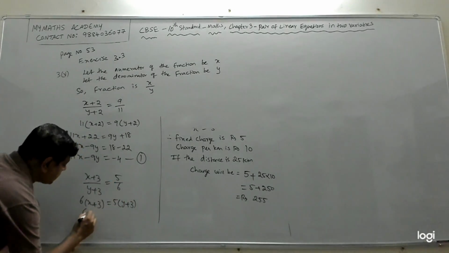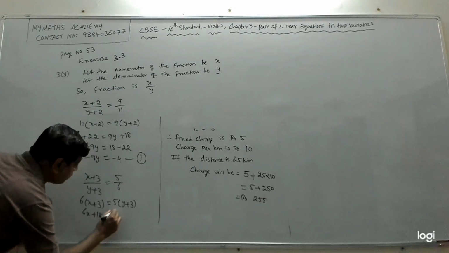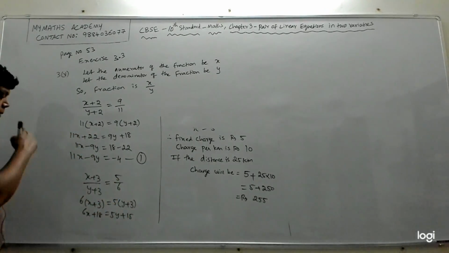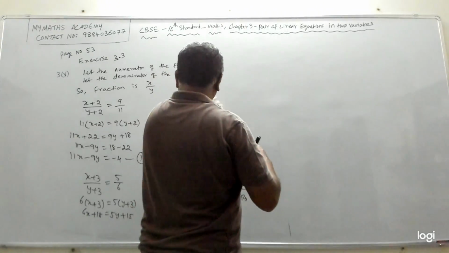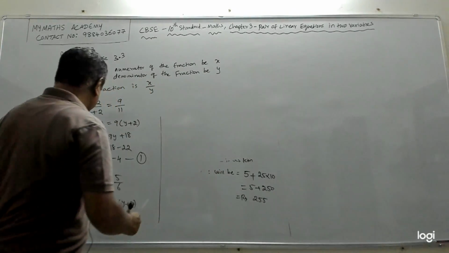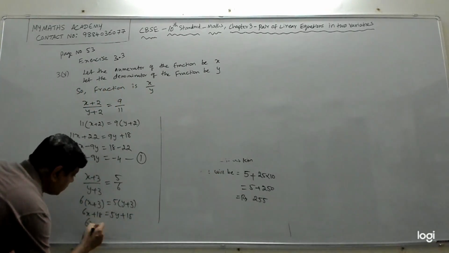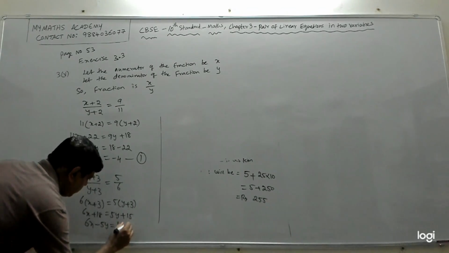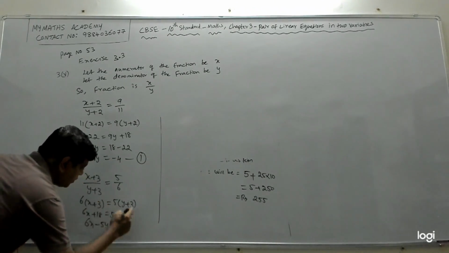Now this becomes 6x plus 18 equals 5y plus 15, since 5 into y is 5y and 5 into 3 is 15. If we simplify this, 6x, this 5y comes here and becomes minus 5y, equals 15 minus 18, since the 18 goes to this side and becomes minus 18.